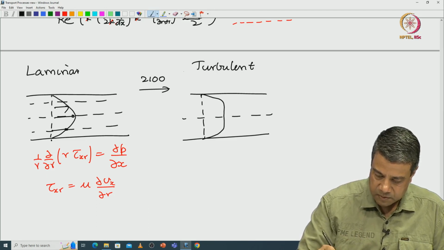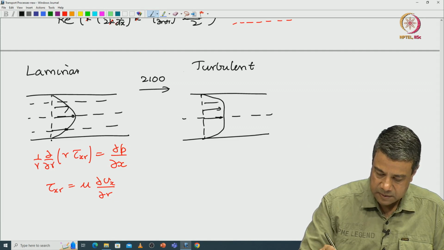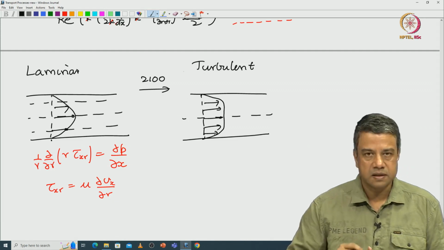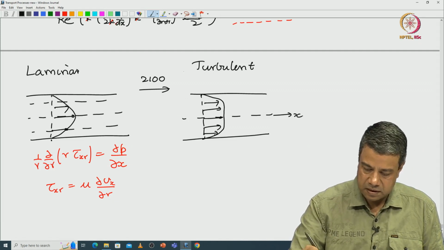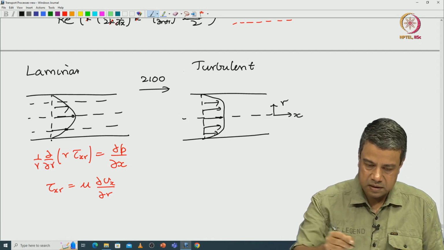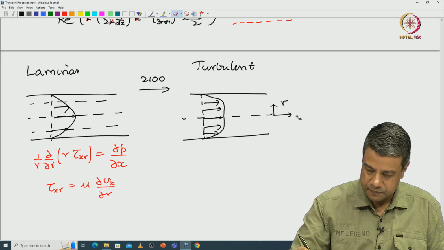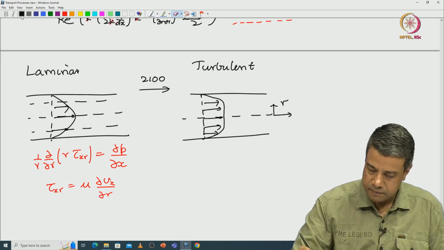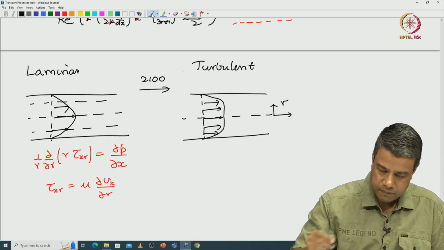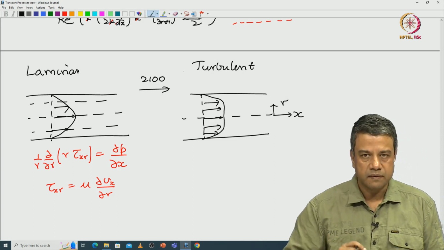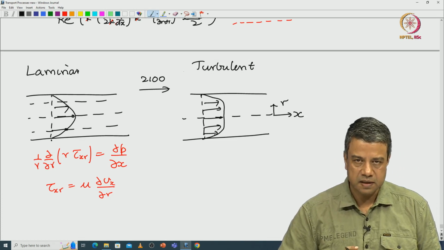The velocity is more plug like at the center and has sharper gradients at the wall. So, this is the x direction, this is the r direction.